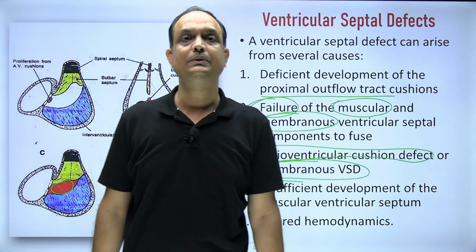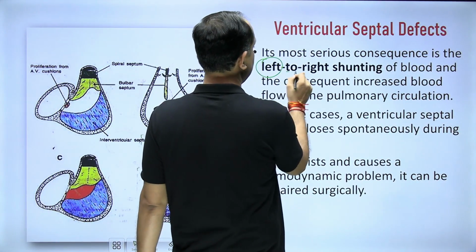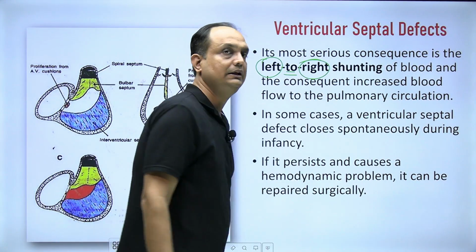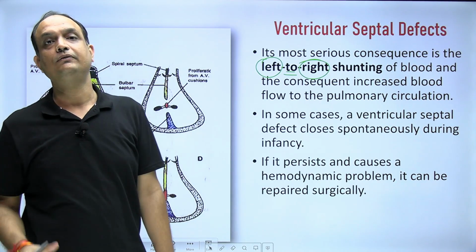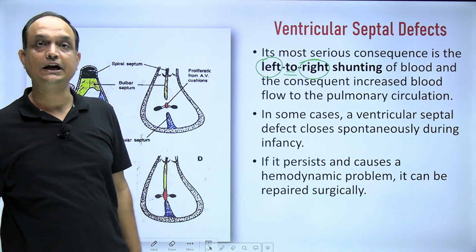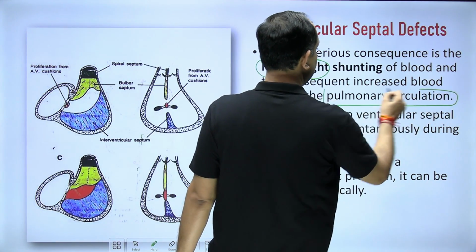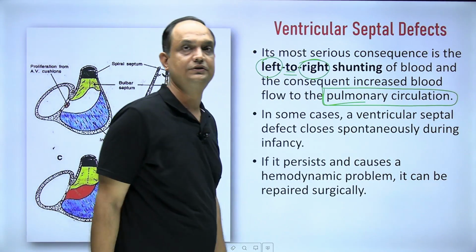Now a ventricular septal defect always has a consequence, and that is a left to right shunt. And you know that when a left to right shunt is taking place after birth, a large amount of blood is entering the right side of the heart, and that's why overpulmonary circulation is seen.